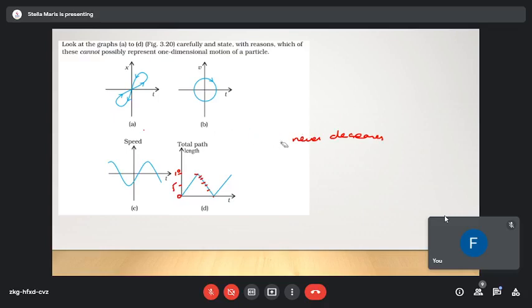For example, Disha, you there? Yes, sir. Just try this one. Forget this as total path length. Now tell me whether it's a one dimension or not. So x-axis represents position. Y-axis represents the position x, and x-axis represents the time in seconds.